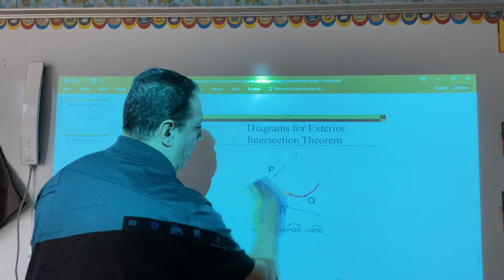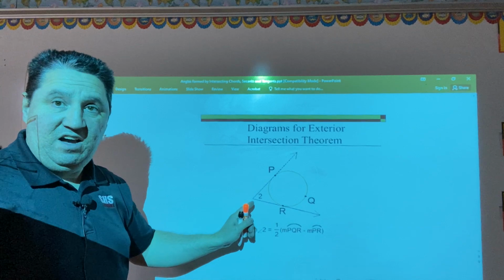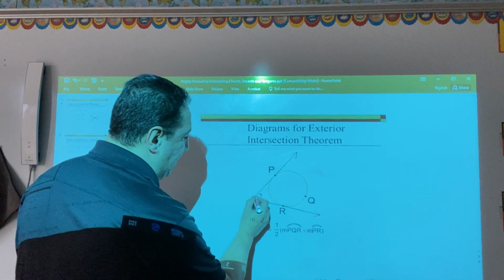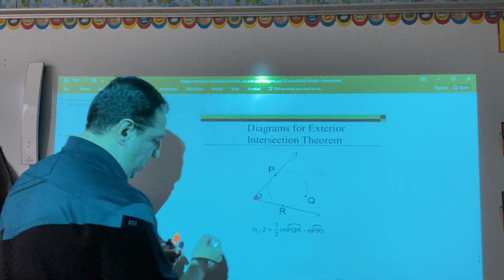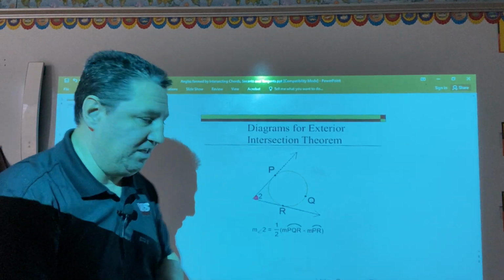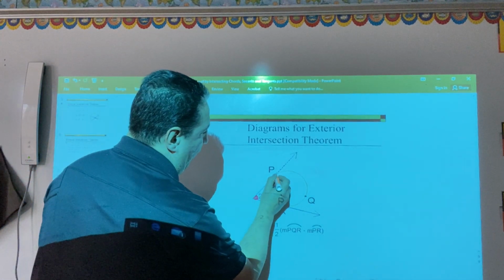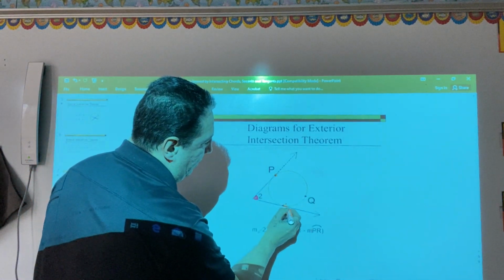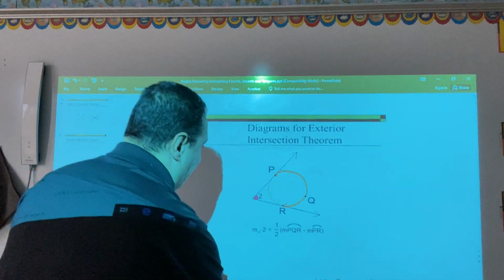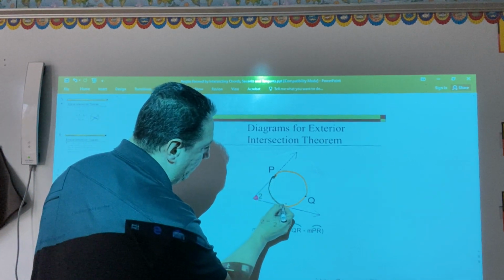Another case is when two tangents are intersecting at a point outside the circle. So when you have such a case, the measure of angle 2 would be half of the difference of the intercepted arcs. Again, the intercepted arcs are, first, PQR, and the other one is PR, right?